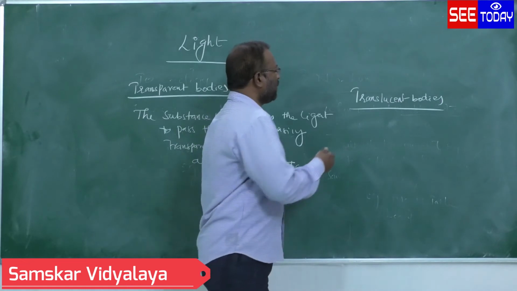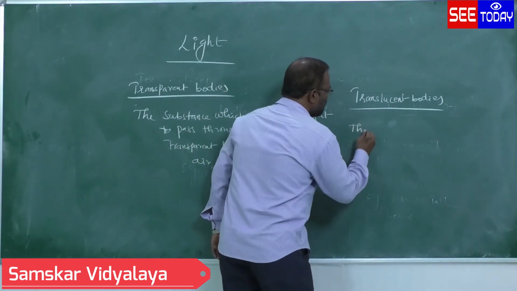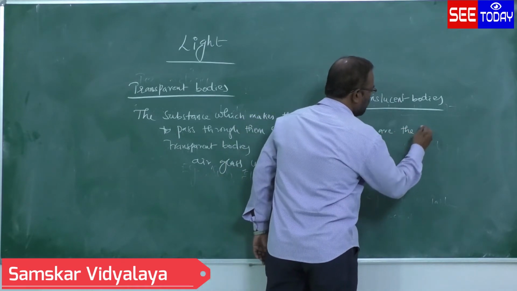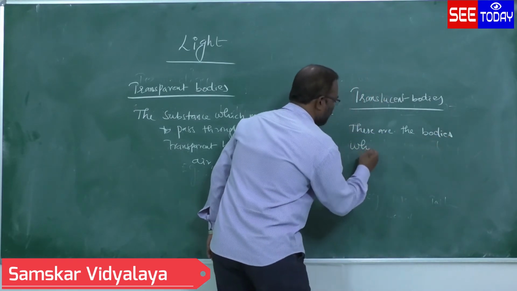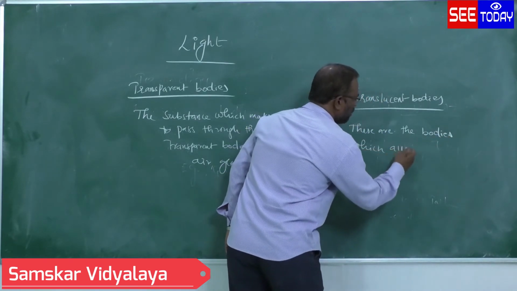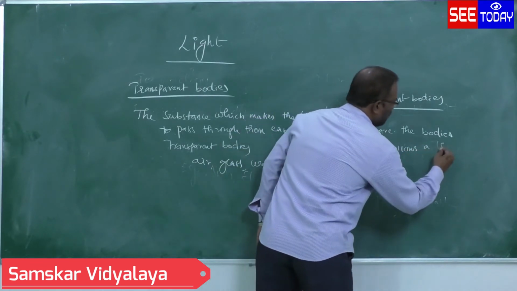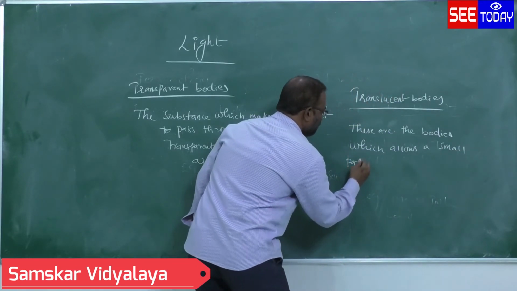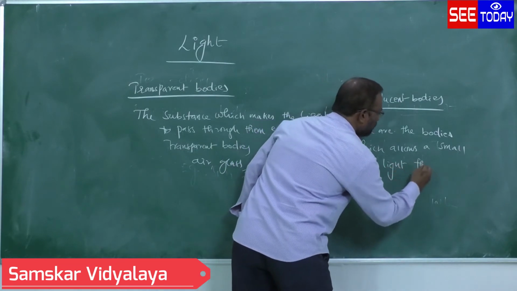Okay, what is that? These are the bodies which allow a small part of light through them.